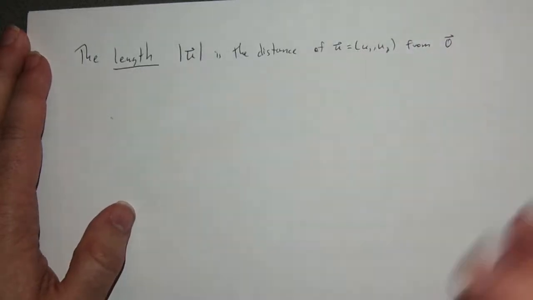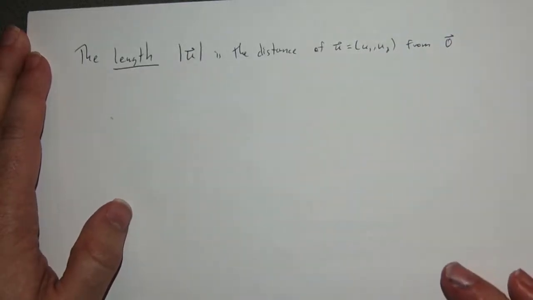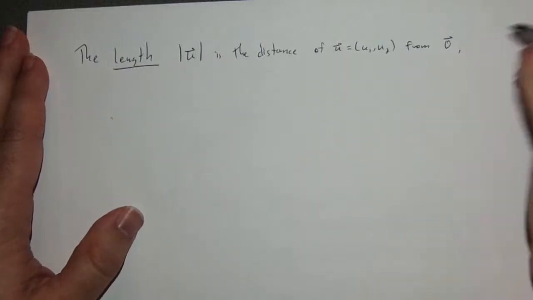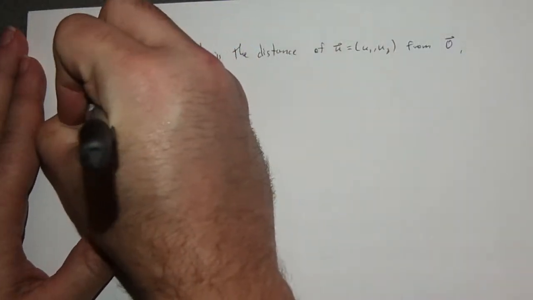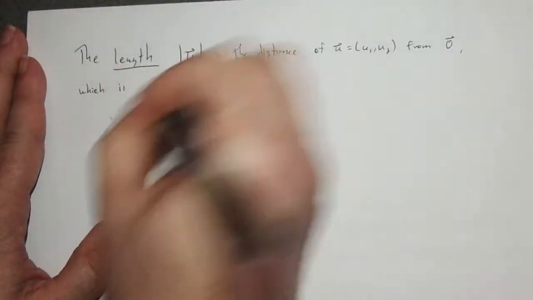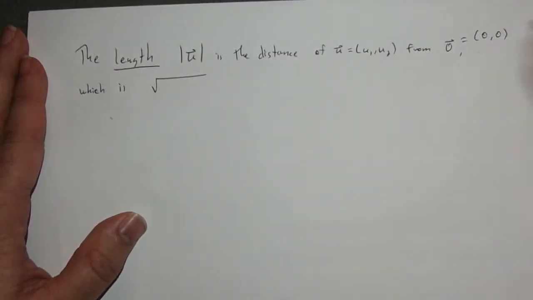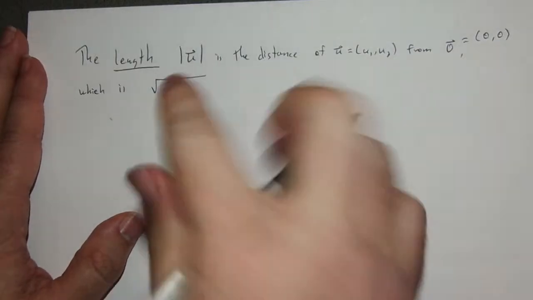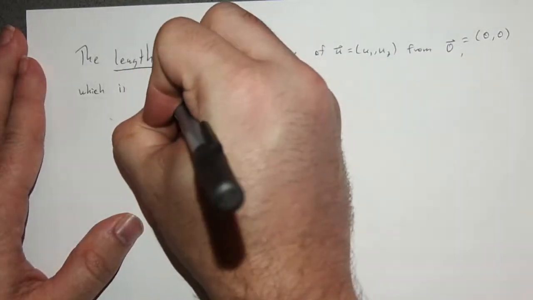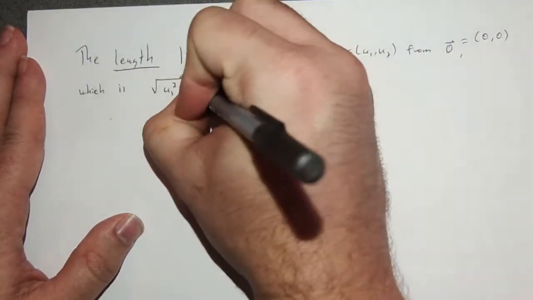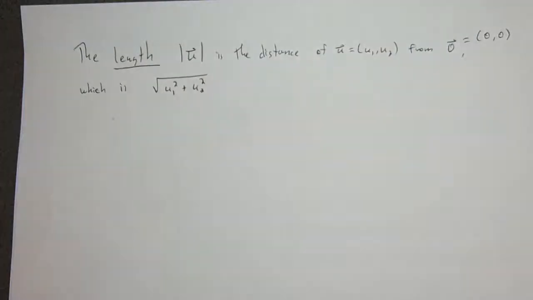That's the completely obvious way that distance shows up, which is from the zero vector, whose components, of course, are 0, 0. And so this length is the square root of u sub 1 squared plus u sub 2 squared. So you already knew that.